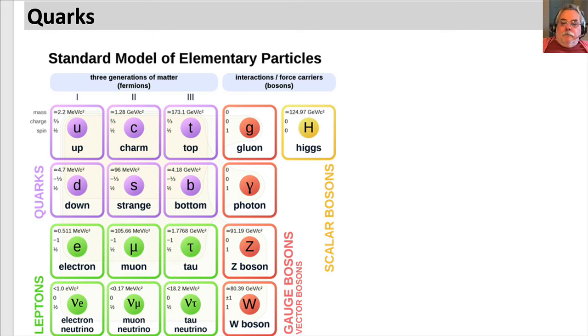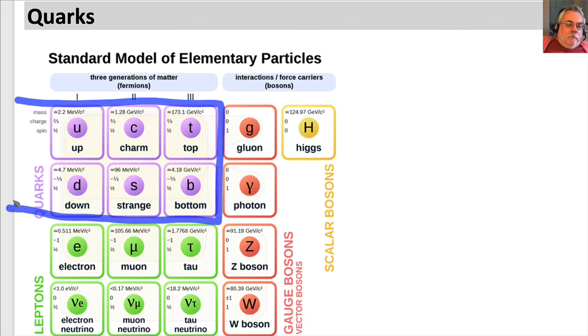Quarks. Let's look at quarks. The 6 purple cells: 2 rows of 3 columns, which are the generations 1, 2, and 3.